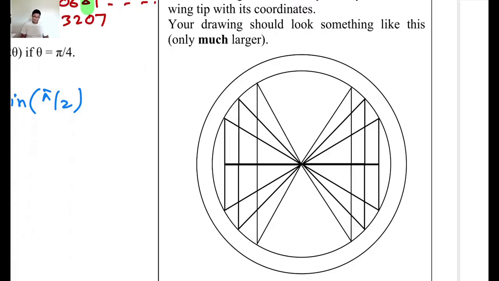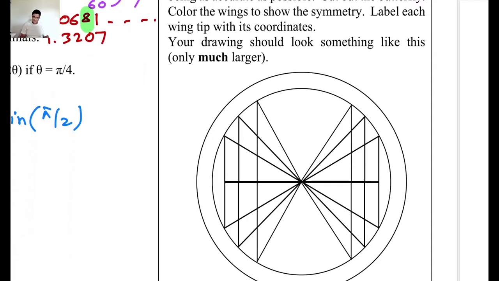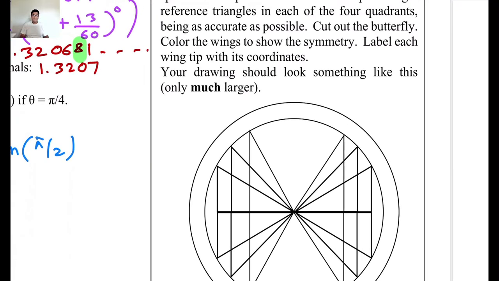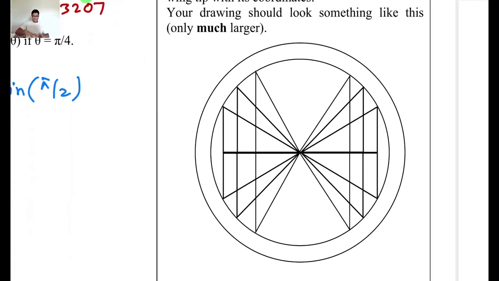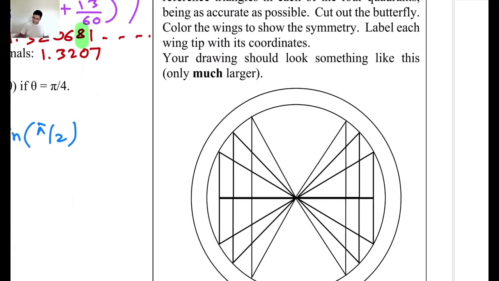This is a trig butterfly, and to make it beautiful, you can use your sketching skills and do the coloring part. The math part is, first of all, not this size, make it a big one. And at these various angles.